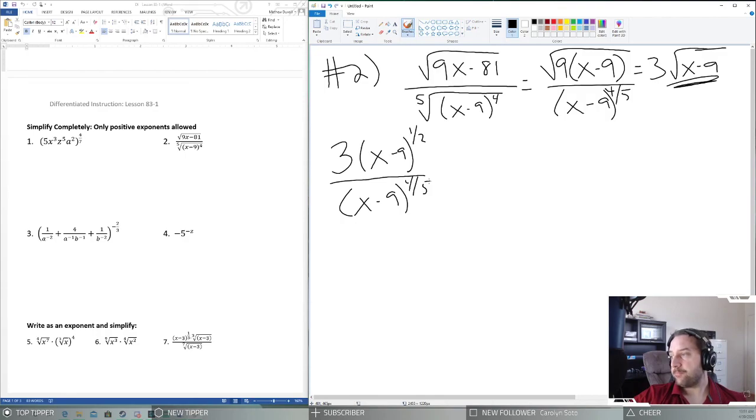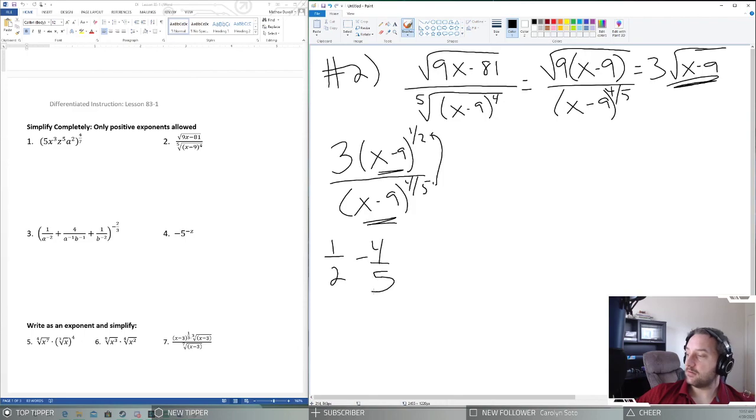Now, one of the rules is that when you're dividing exponents and the bases are the same, so these are both x minus 9s, you can subtract the exponents. So I'm going to do that math off to the side. 1/2 minus 4/5.